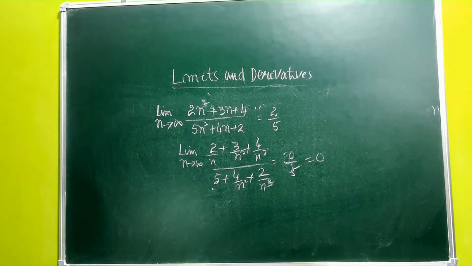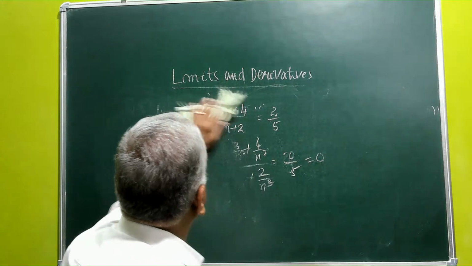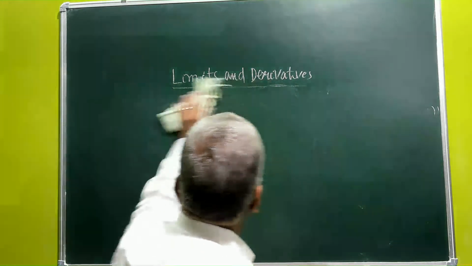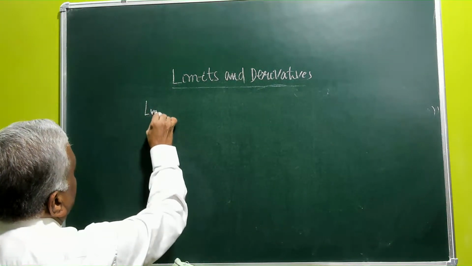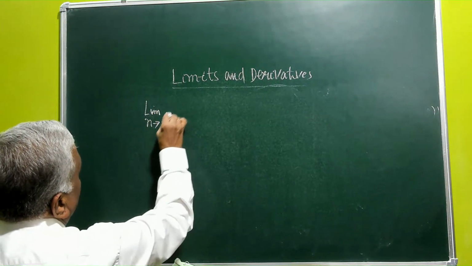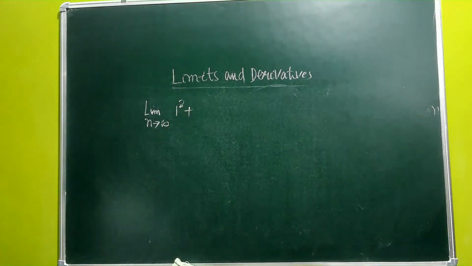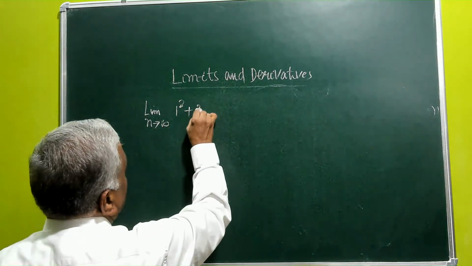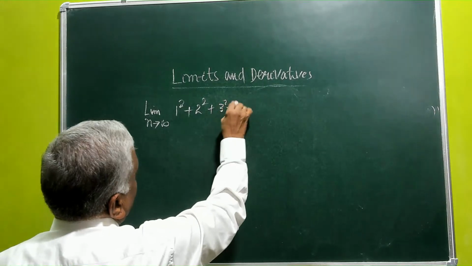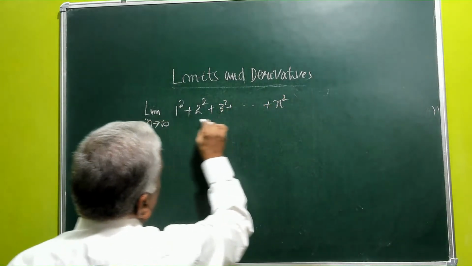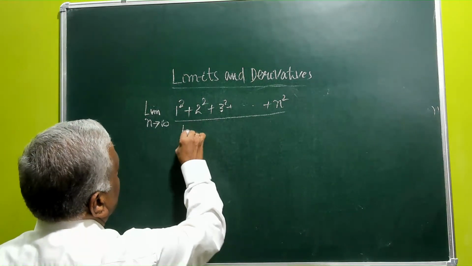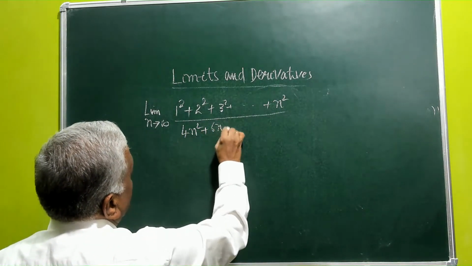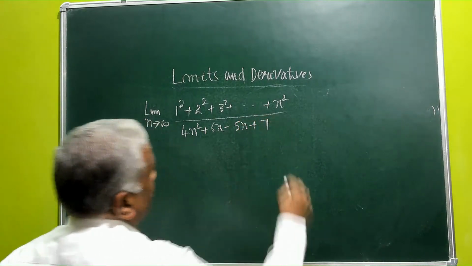But I have collected 1 or 2 problems of the same type. So let me take one problem. Limit n tends to infinity of 1 square plus 2 square plus 3 square plus etc. plus n square, over 4n cube plus 6n square minus 5n plus 7.